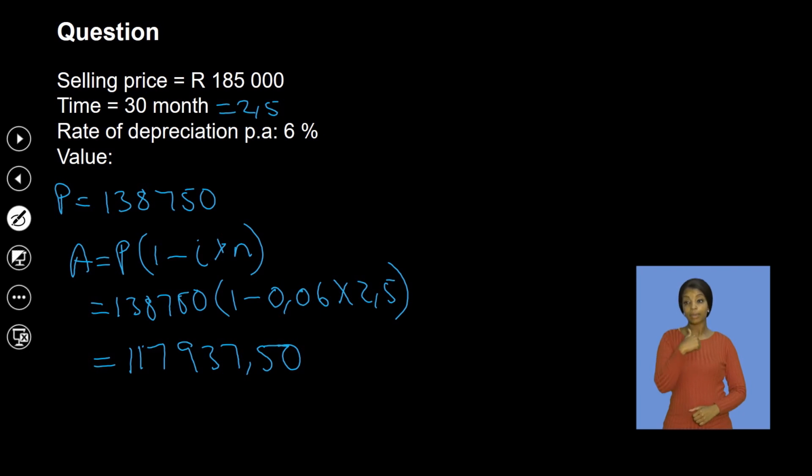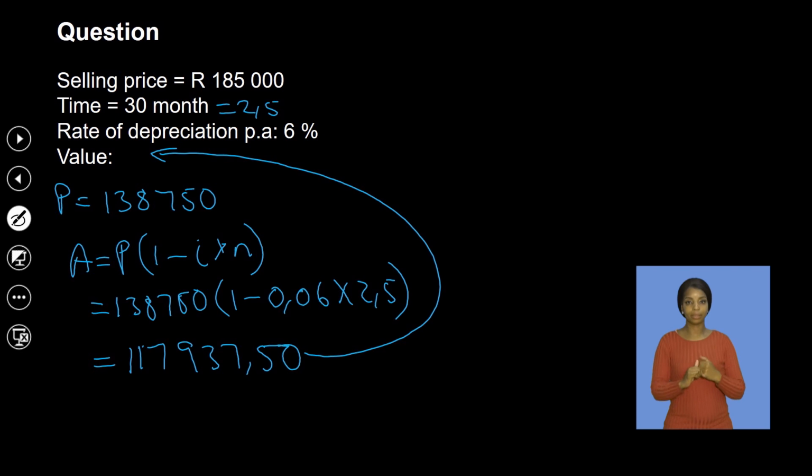Remember, I said we write our zero there, so that will be the value of the car after the 30 months that Maria actually paid for this.